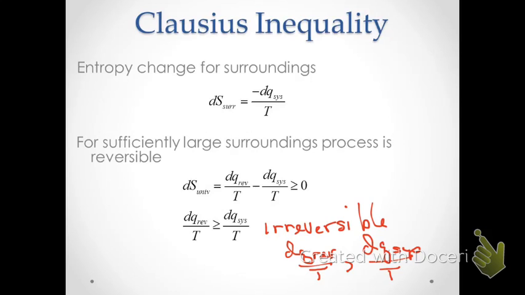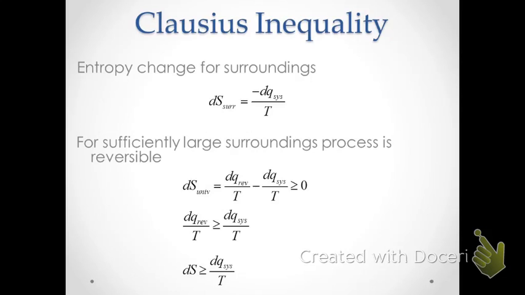So again, dq system would be the actual dq for the irreversible process, and dq reversible is that for an imaginary process that we have to devise to do the entropy change. This may be a little bit confusing right now, but we'll do some examples in a future video that will help clarify this particular statement.